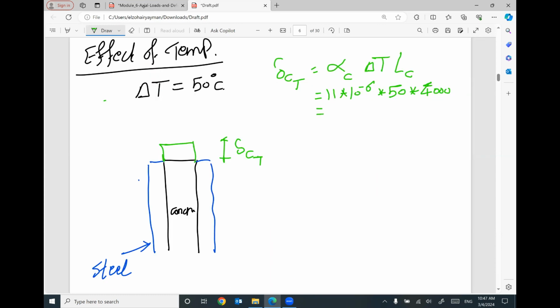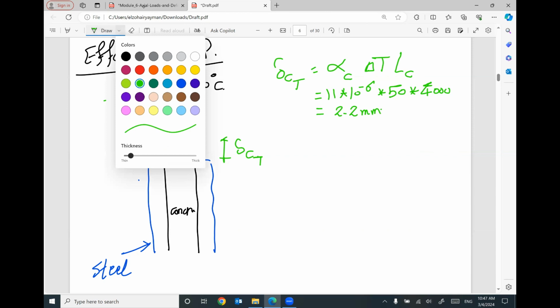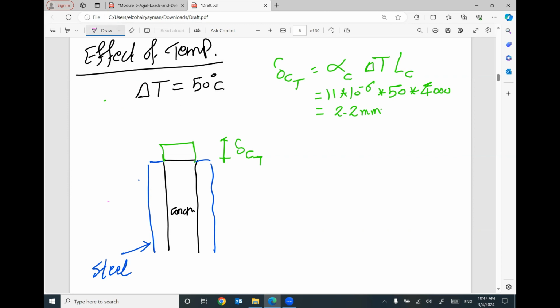If the concrete is free to expand, 11 times 10 to the power negative 6 times 50 times 4,000, it will be 2.2 millimeter. If we assume the steel is free to expand, the steel will expand too much.